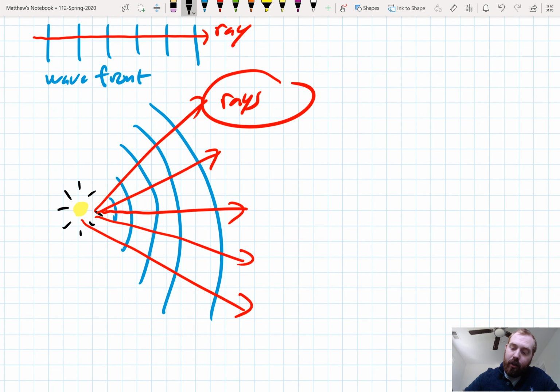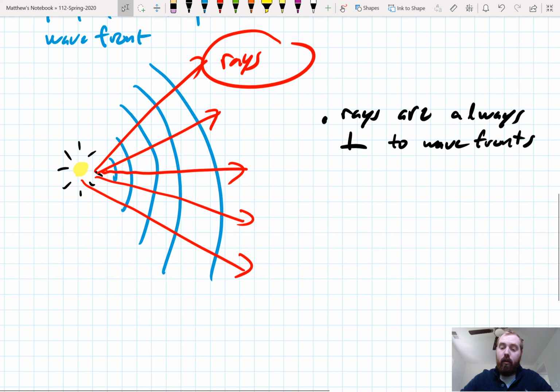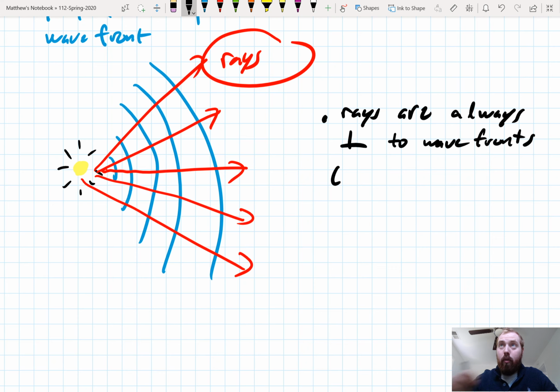One thing you should notice here, the rays are going to always be perpendicular to wavefronts. Always make a 90-degree angle. Right. So this should remind you of the equipotential lines. And that is not by coincidence.